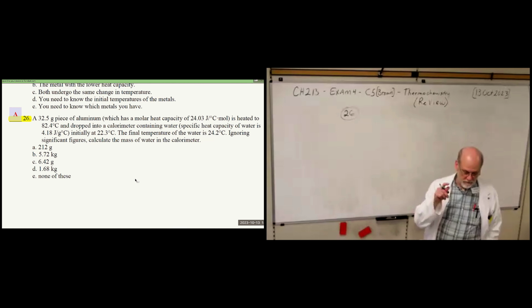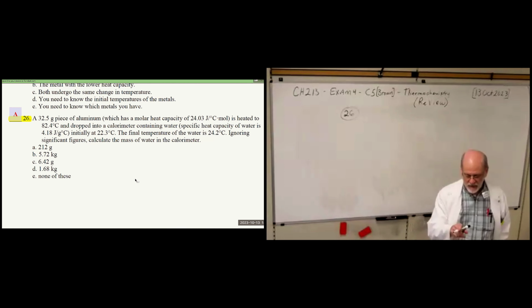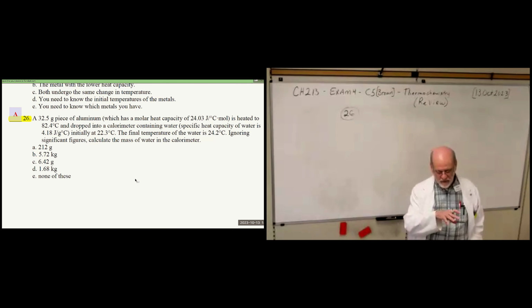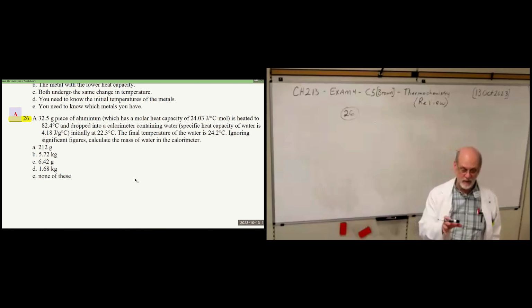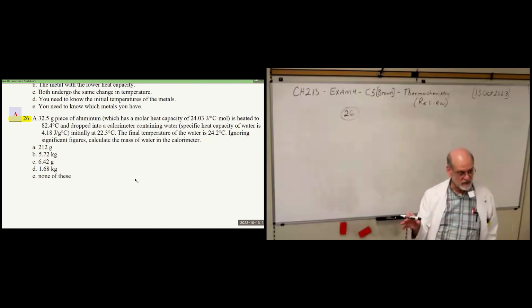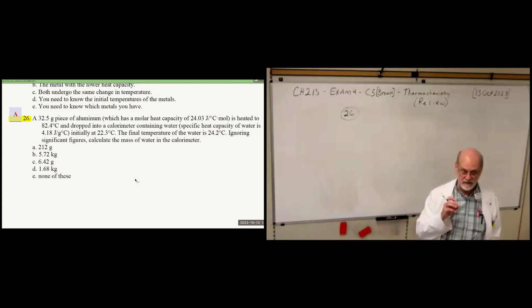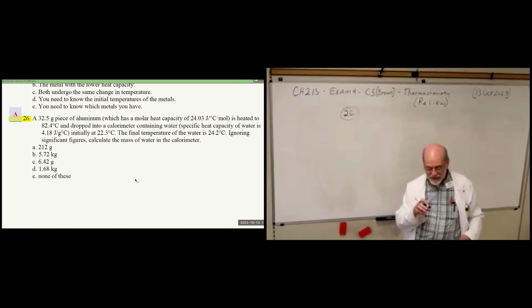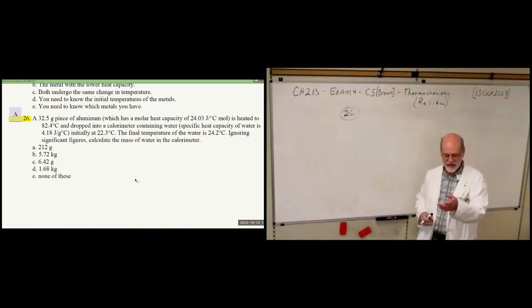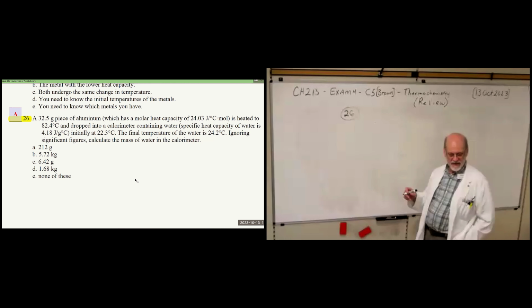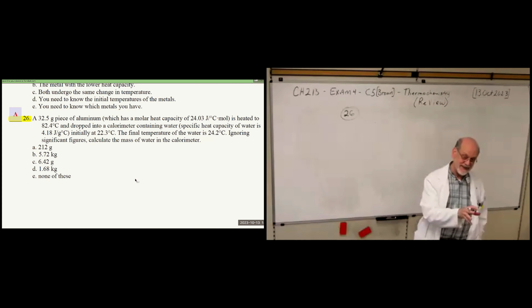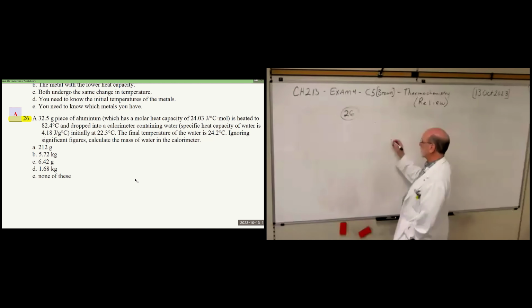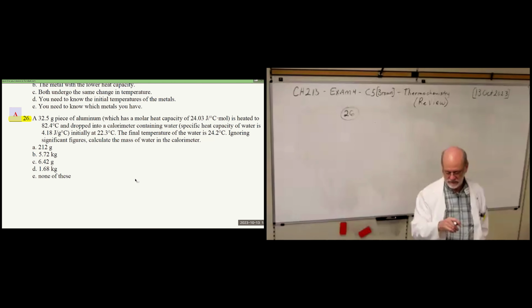Okay. First point is we're not considering the calorimeter's contribution to any heat changes. We're just assuming that it's perfectly isolated and the calorimeter is not contributing any heat or absorbing any heat. That never happens, except in these hypothetical problems. So we only have to be considering change in temperature for the water, change in temperature for the metal, those two.